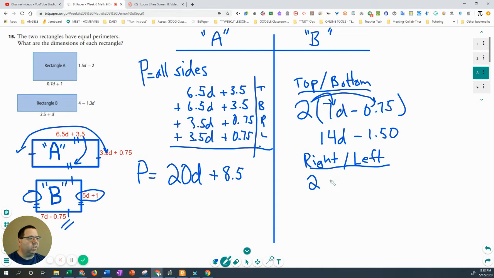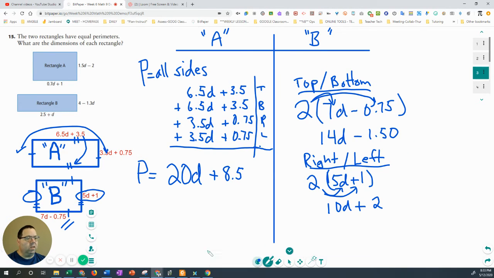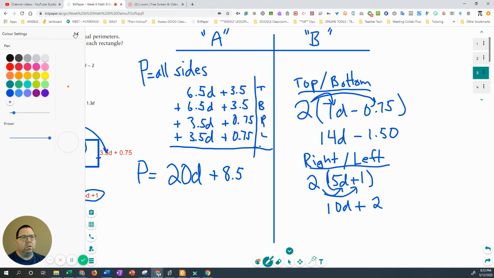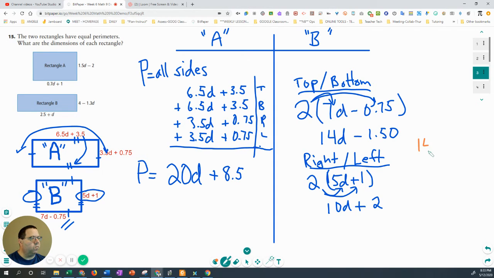I have two sides of 5d plus 1. 5d, that's supposed to be a curved bracket. 5d plus 1. Distribute that. 10d plus 2. 10d plus 2. So in the end then, I'm just going to switch colors here just for a sec. So in the end, I have 14d minus $1.50 minus 1.5. At this point, I don't need to talk about money anymore. Plus 2. So what's the result of this?